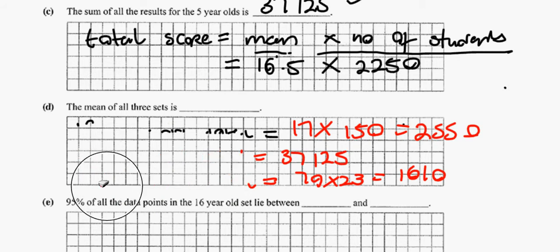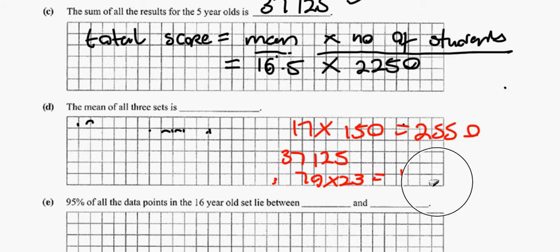Now that we've got the total of all three of these, what we can do next is just use these numbers. So the three numbers in question, we can add them together to get the sum of the results.